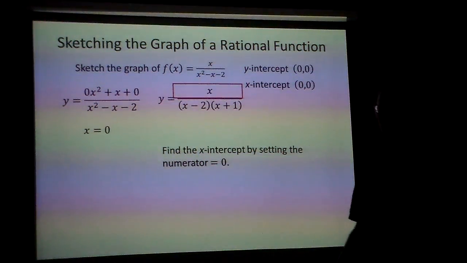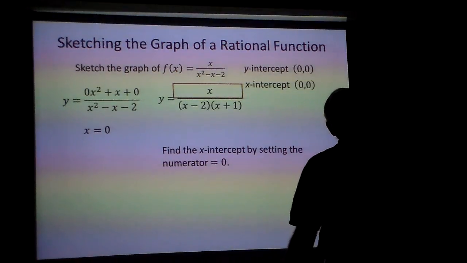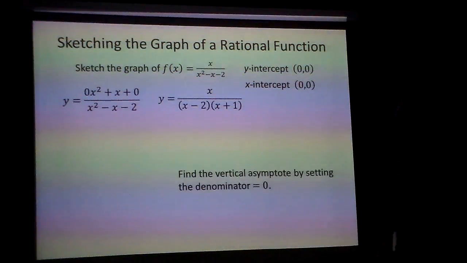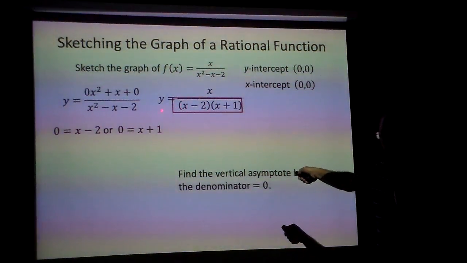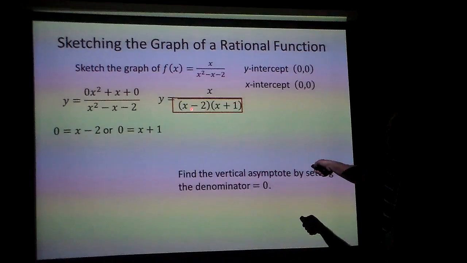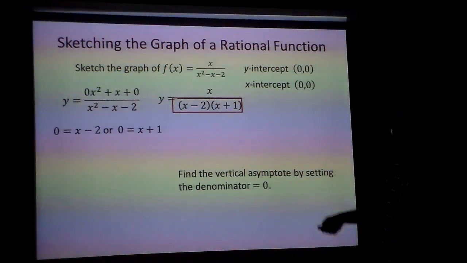I next need to find my vertical asymptote. How do you find the vertical asymptote? Set the denominator equal to 0. There's the denominator. Coach Stoney, how do I do that? Well, you set each one of these parentheses to 0, because remember, if this parentheses is 0, 0 times anything gives you 0.